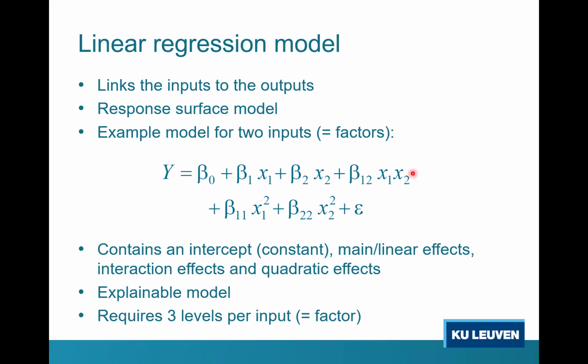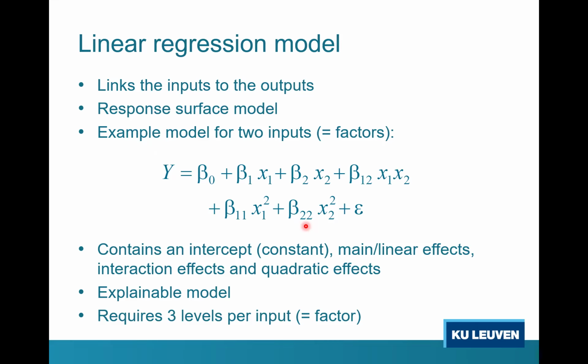Then we also have this term here with a cross product of two inputs. We call that an interaction term and an interaction effect. That's the beta here. And then we also have terms containing squares of the inputs. We call these the quadratic terms, and the betas in these quadratic terms are the quadratic effects. That's a very commonly used model. With that kind of model, you can describe the behavior of an awful lot of systems.